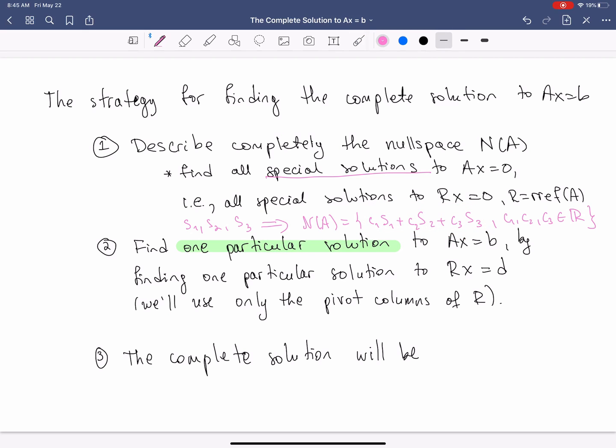And any of their linear combinations is going to be another solution in the null space. So then the complete solution to Ax equals b will be the null space solution plus the particular solution, where the null space solution is not just one vector in the null space, but really all of them. So it will be c1 S1 plus c2 S2 plus c3 S3.